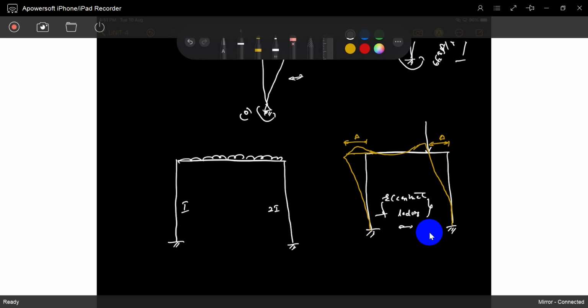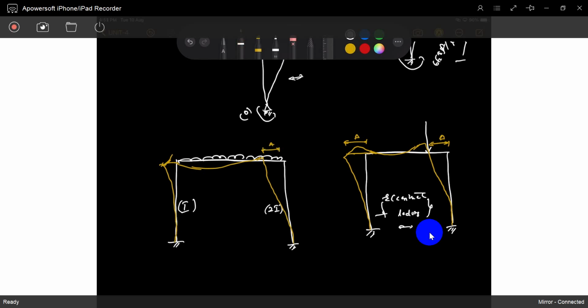I means bd cubed by 12, so the size is different and the flexural rigidity is different between the two columns. What will happen? The same situation will arise. The same sway will happen. Which side will it sway? Again, you can guess it.